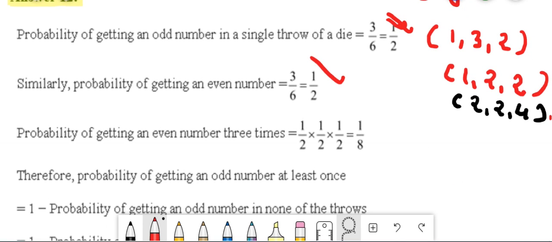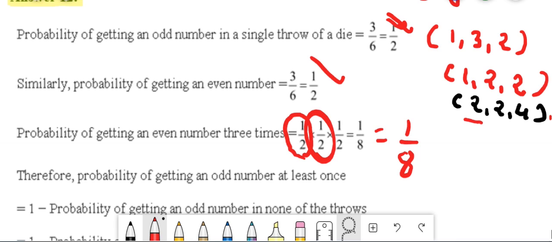Now what I will do, I will consider 3 trials in a different way. First time an even number, second time an even number, third time also an even number. So total, all the even-number outcomes are 8. Remember as I explained to you, my target is to find out all even numbers, then I will subtract from 1. Alright.